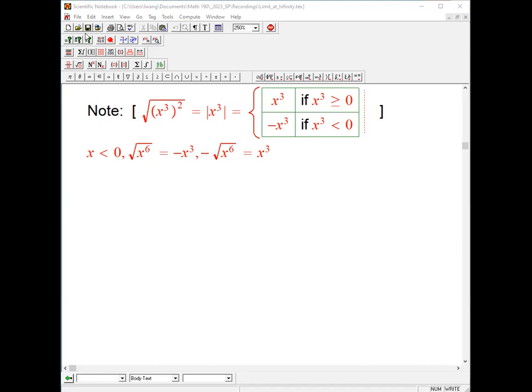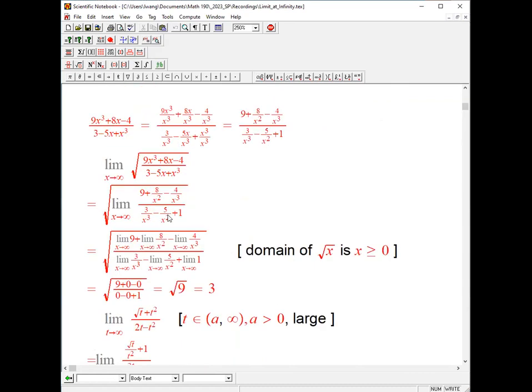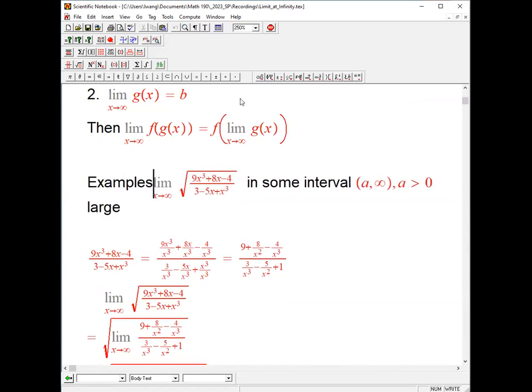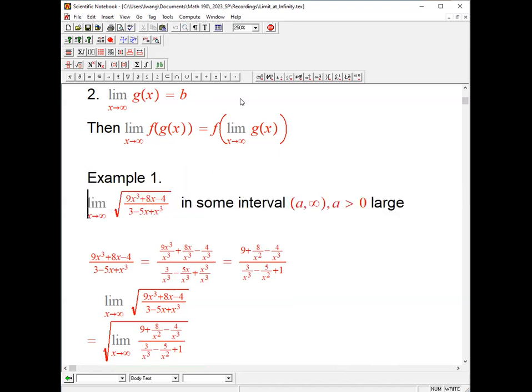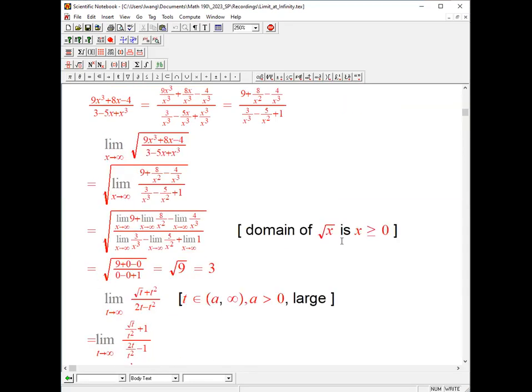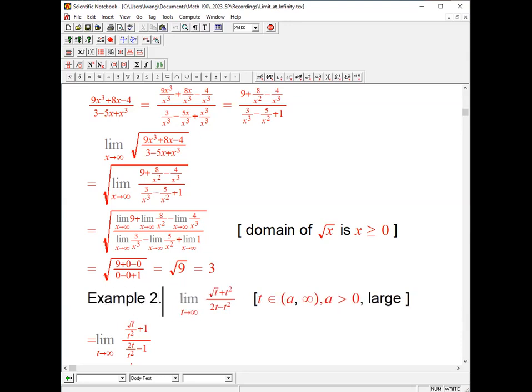Let's do the 28th. And this question, I don't know which example this is now. Let's count. Example number 1. That is example number 2.